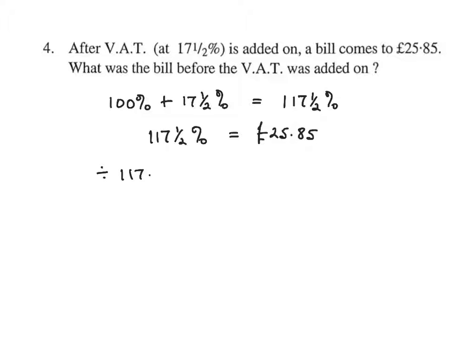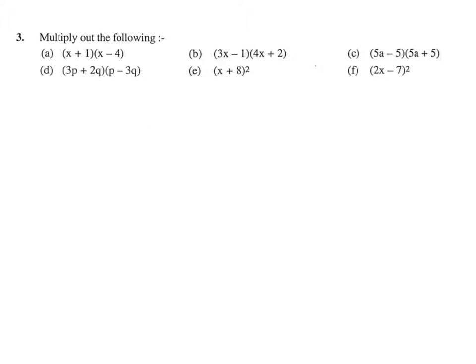So we'll divide by 117.5 to get 1%, and then multiply by 100 to get the original 100% before the VAT was added on. 1% then is 22 pence, and if we multiply that one by 100 we get 2200 pence, or £22.